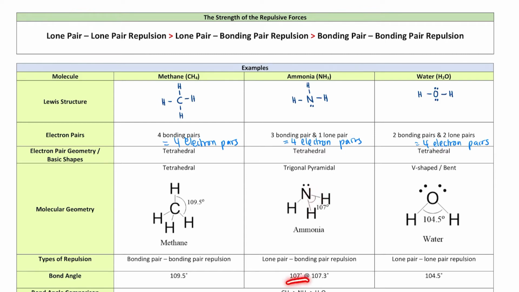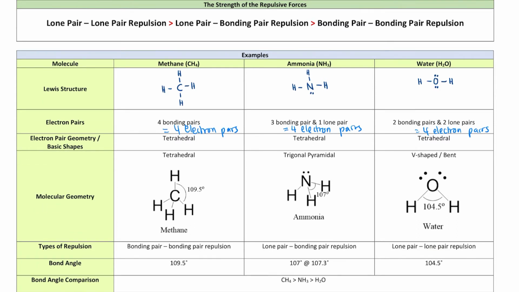So that's why the angle is smaller. And this lone pair repulsion also causes the bonds to become closer to each other and the angle now is 104.5. So here we can conclude that for the bond angle comparison, the biggest one is methane followed by ammonia and the smallest one is water.